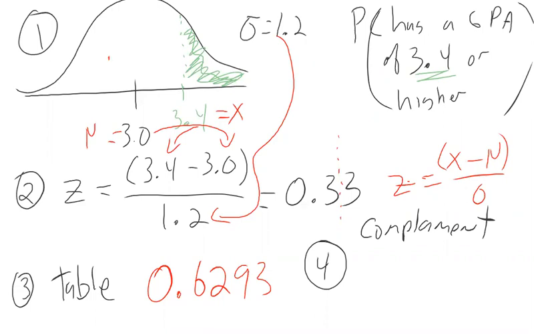0.6293 is over here. We want its opposite. We want the right. So if we ever want the opposite, we do the complement. So we do 1 minus 0.6293.